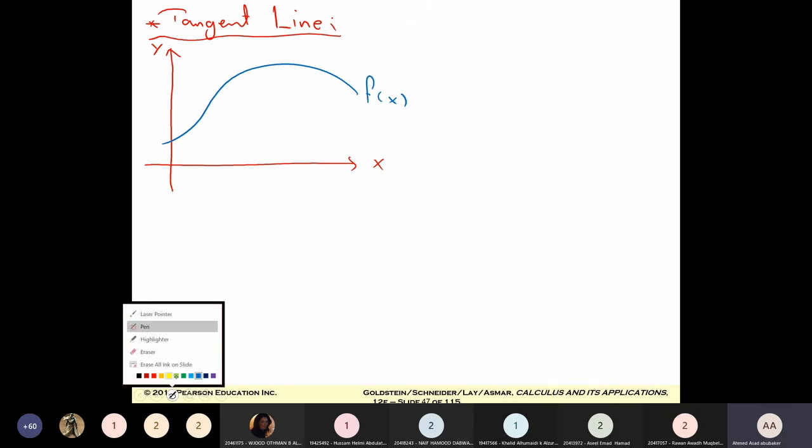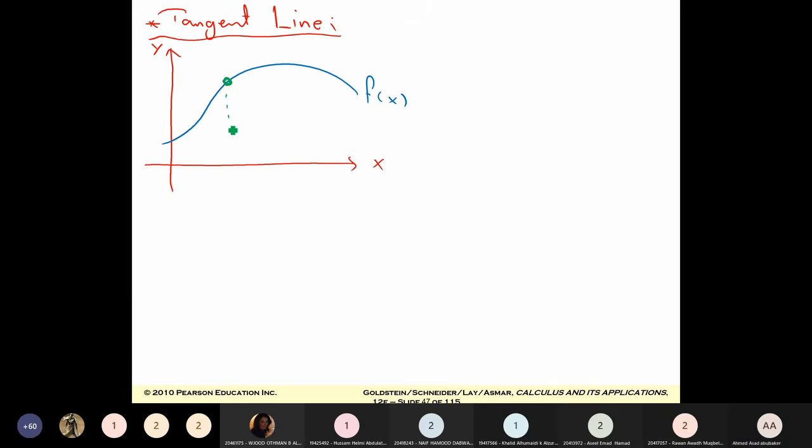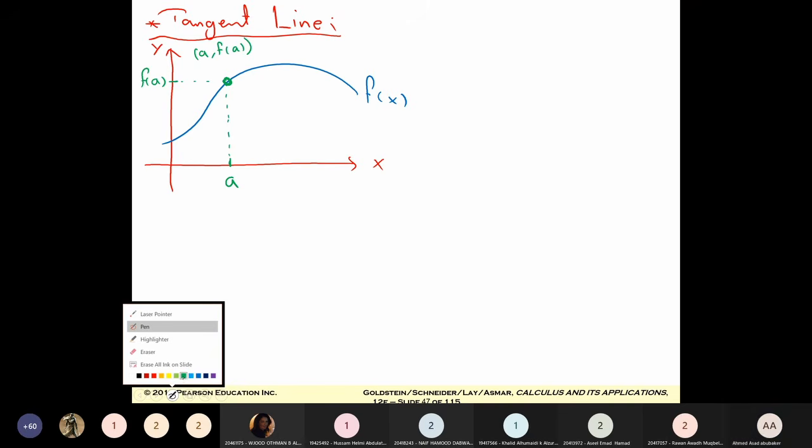We have a point, we have point A and f of a. This is point A and f of a. At A and f of a, we have a tangent line like this.